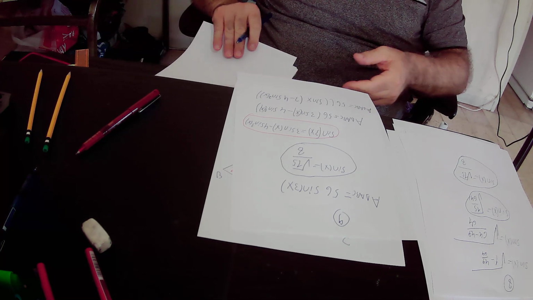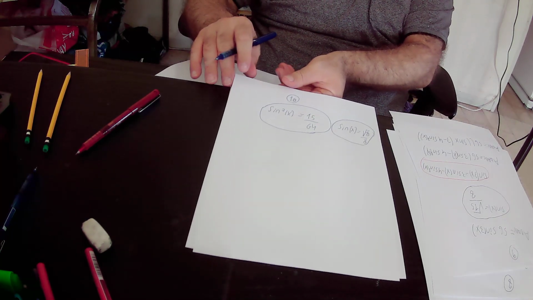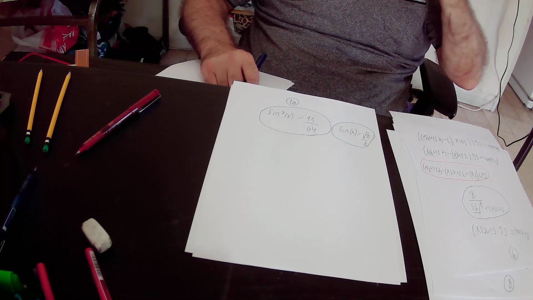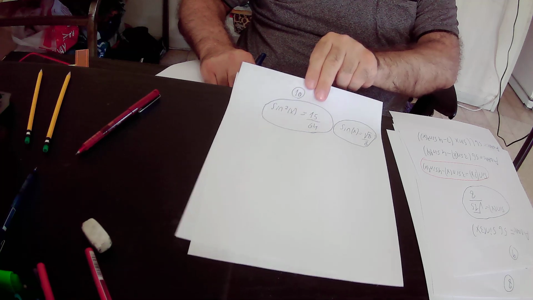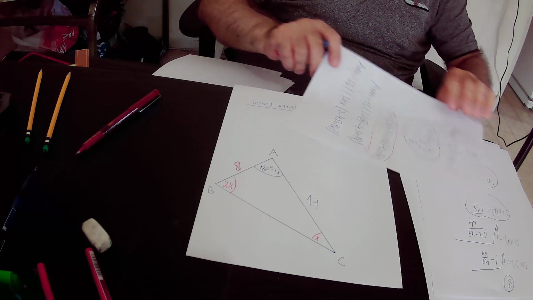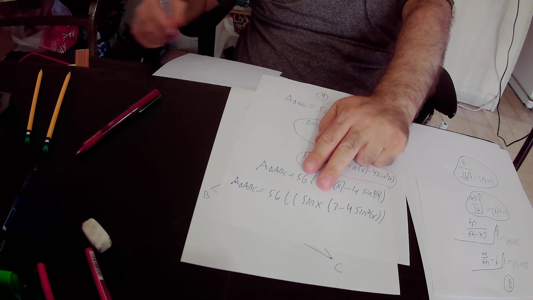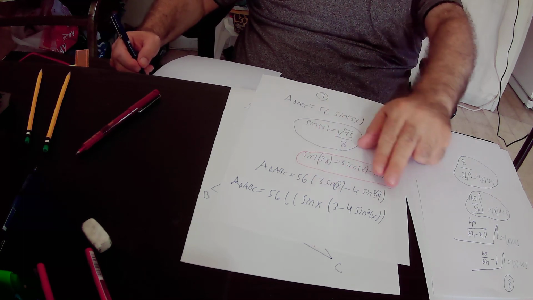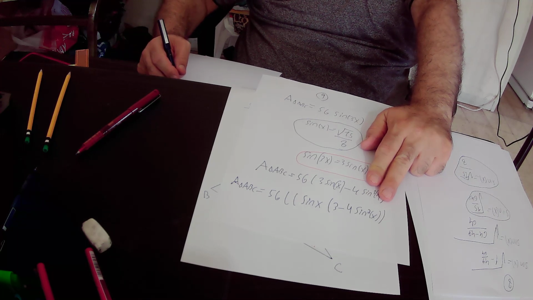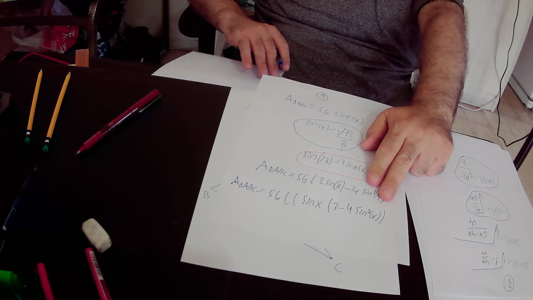Okay, so we found out that sine square x equals 15 over 64, and sine x equals root 15 over 8. So the only thing that is left here is to substitute sine x by its value, root 15 over 8, and sine square x by its value, 15 over 64. Okay, so we will do it now.